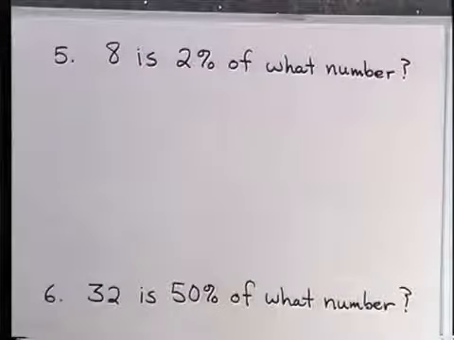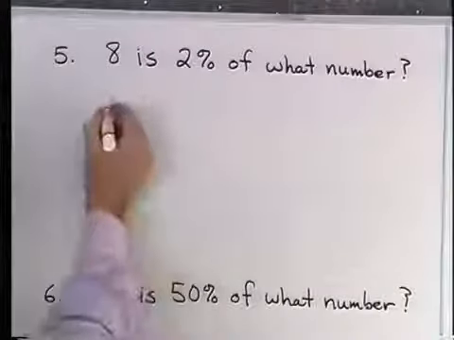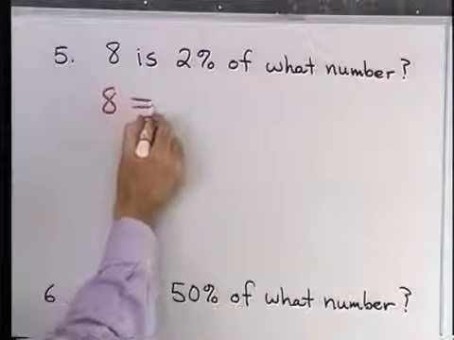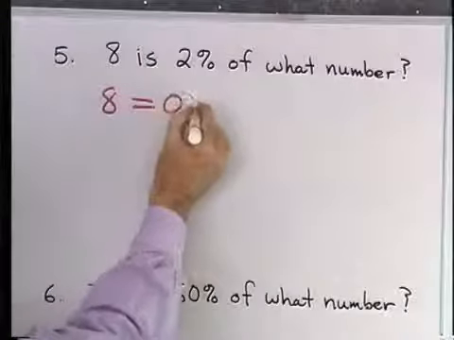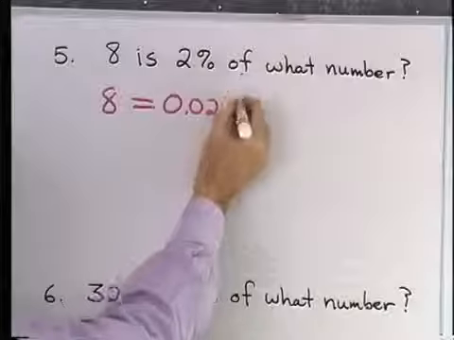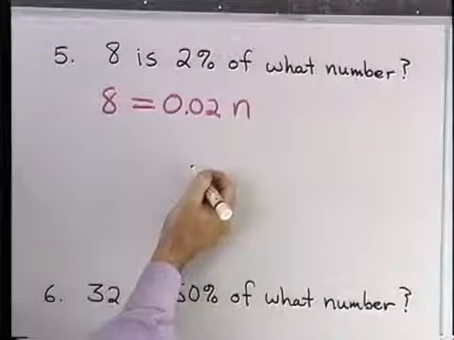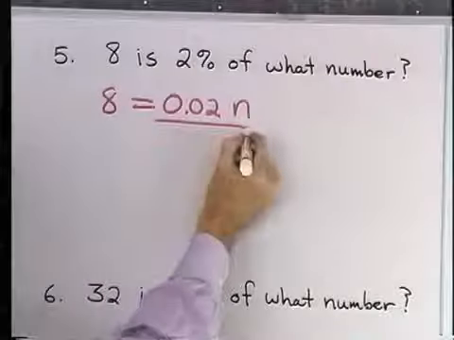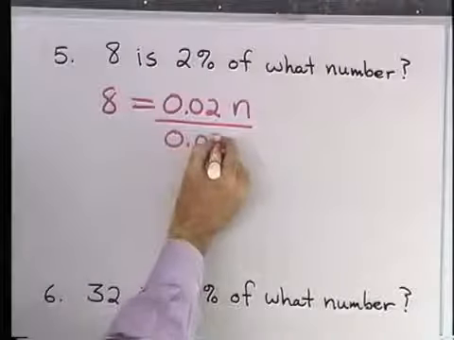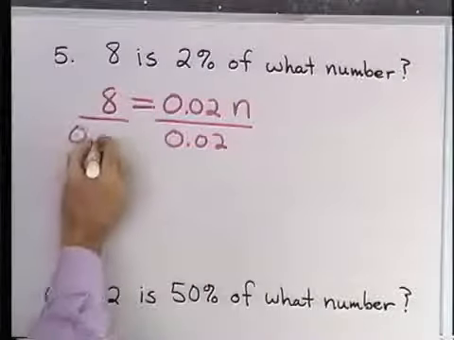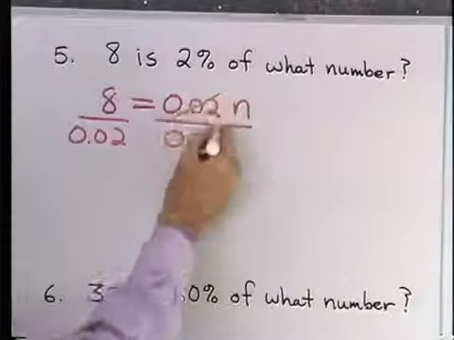Problem 5, we have 8 is 2% of what number? So I'm going to translate 8 is 2%, which is 0.02. Of means multiply. What number is n? So I'll just multiply times n. Now to solve this problem, I'm going to divide both sides by 0.02. Those will divide out.